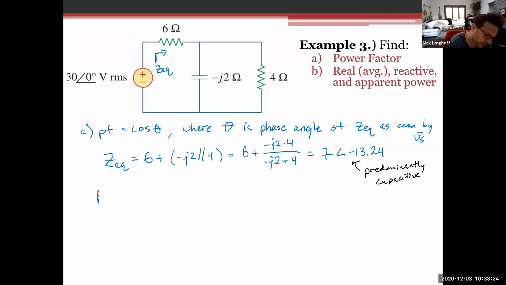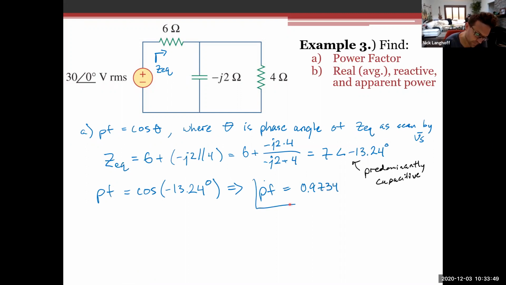But if we then look at the power factor and answer part A, power factor is just the cosine of that angle, cosine of negative 13.24 degrees. And if you calculate that, it tells you that the power factor is 0.9734. Not bad, right?